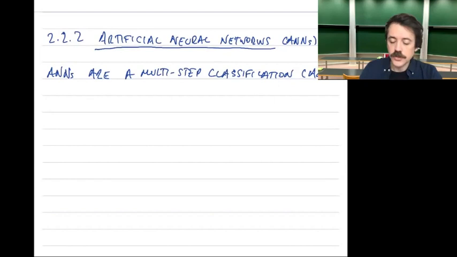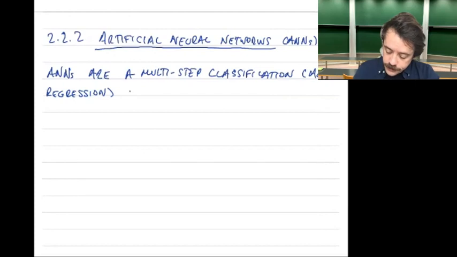The previous classifiers that I was talking about are generally used for classification, except perhaps logistic regression, and they are built sort of explicitly to account for different classes, but that's not the case for artificial neural networks. They are classification and regression models.